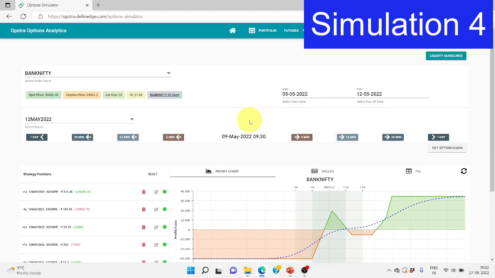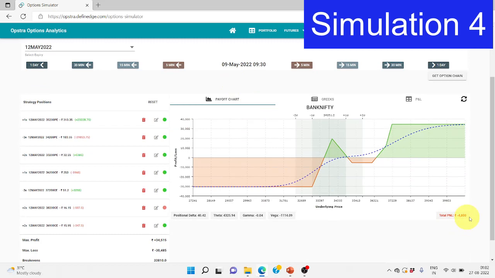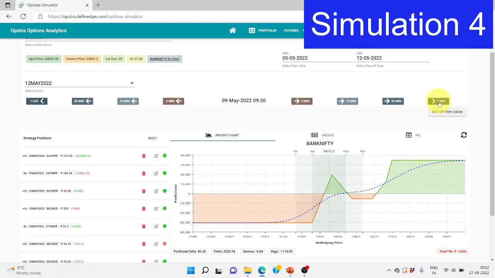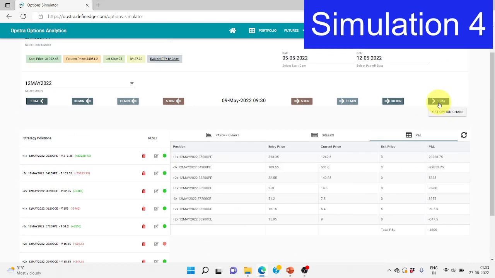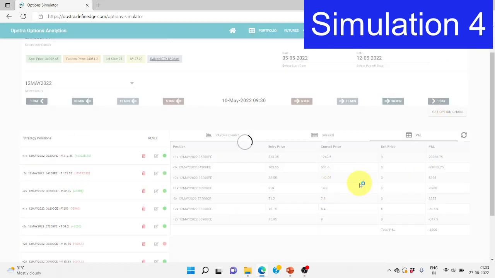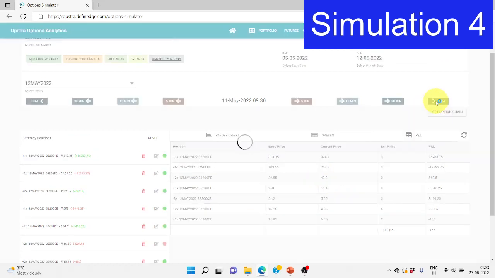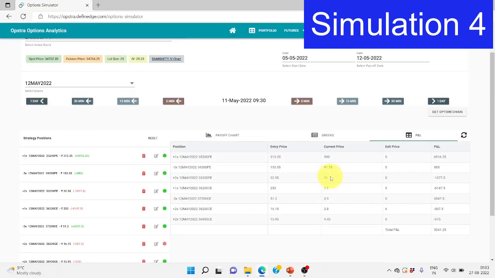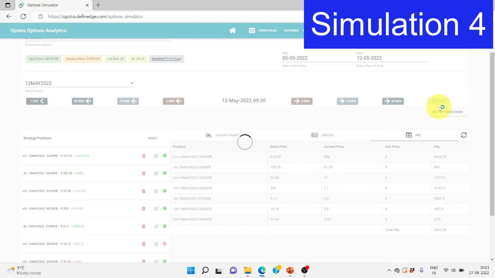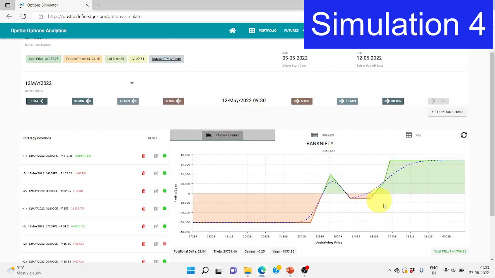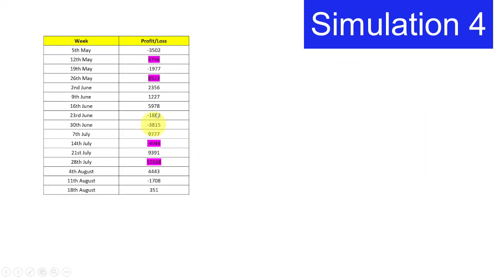When the market has already moved 1,800 or 1,000 points from where you were, then it is better to exit the trade somewhere around 4,800 loss. But actually in this case, what happened is the very next day the market went up. So from 140 it went to 43, then again I think it went down to 11 rupees, and finally this week again it ended in profit, and it gave us a profit of 4,000.